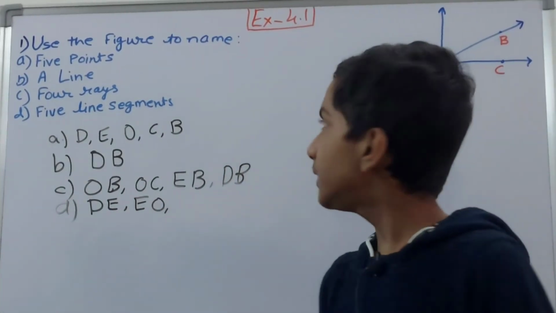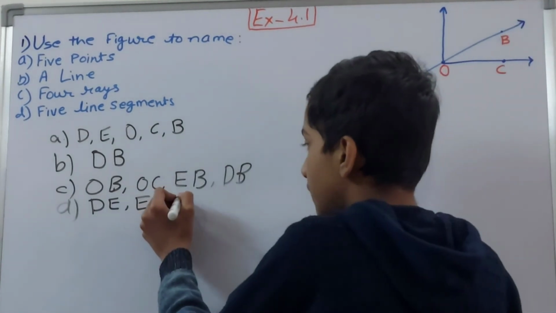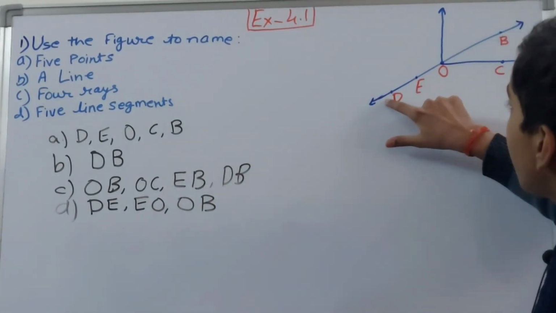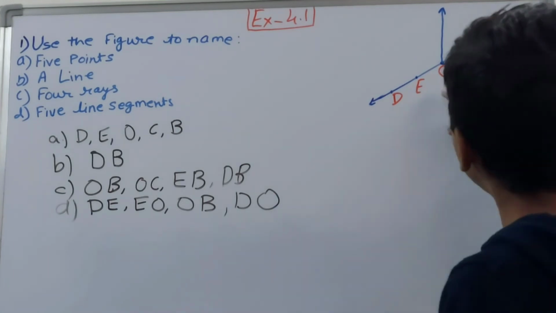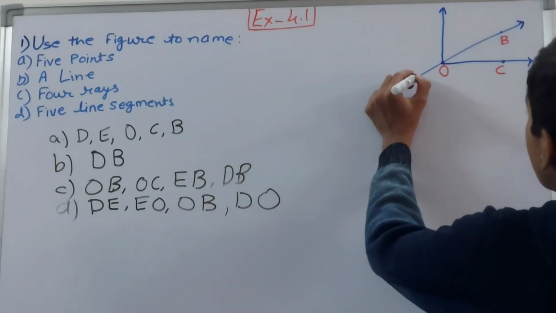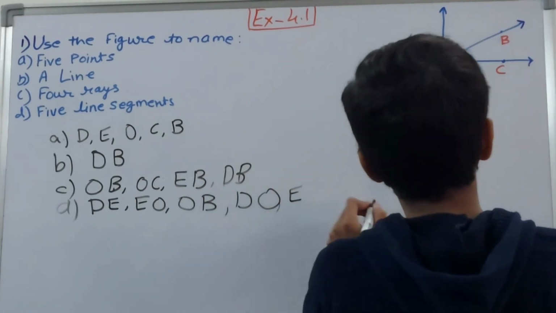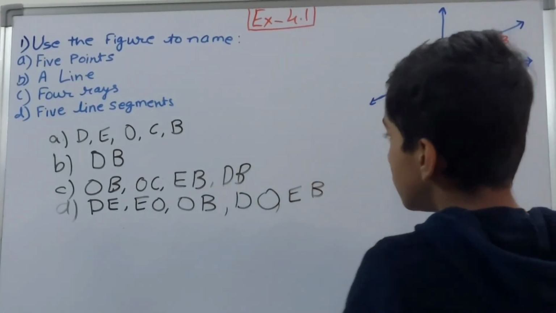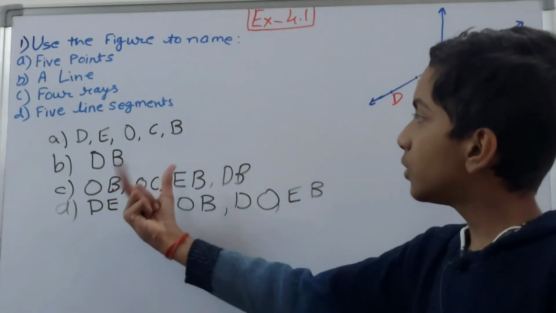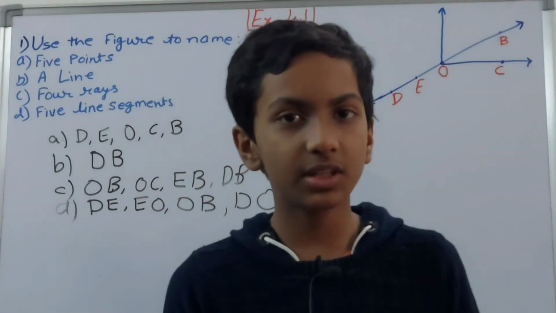Then next, we can take O to B. Then you can take from D to O. And if you take the E point again, and from E to B, that is from here to here directly. So these are the 5 line segments that we have marked over here: DE, EO, OB, DO and EB.